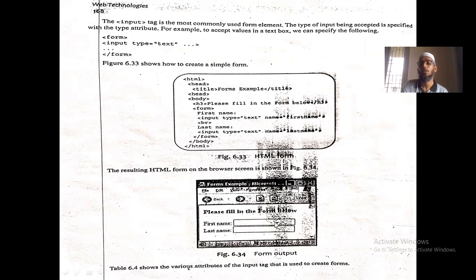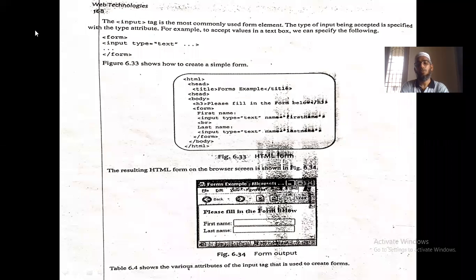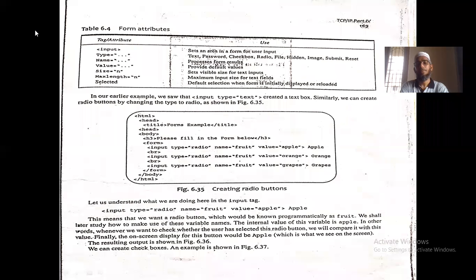The name of the box is first name. And next you have another input, type text, for the last name. So here if I type anything, that information is actually taken here. That is one type of form element which we have.